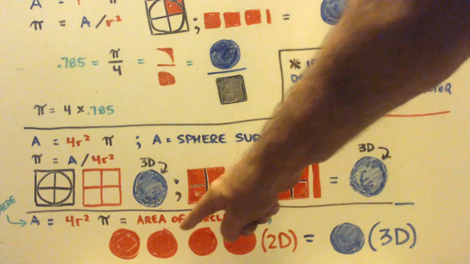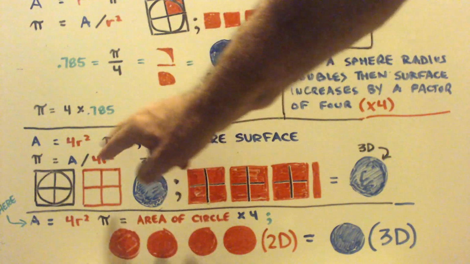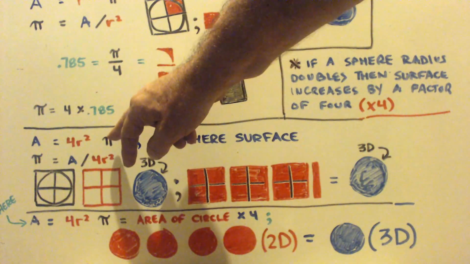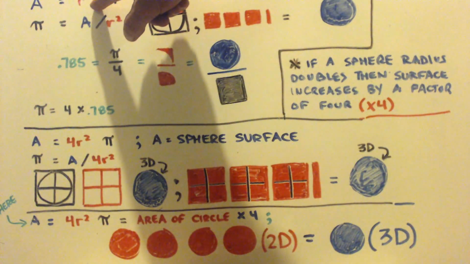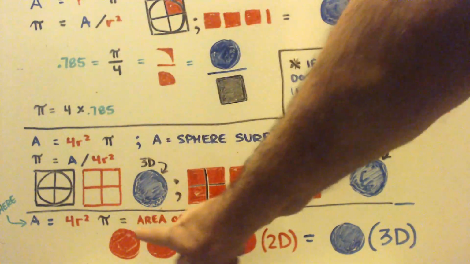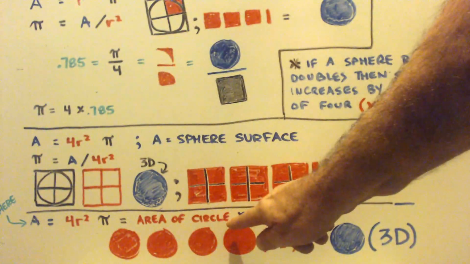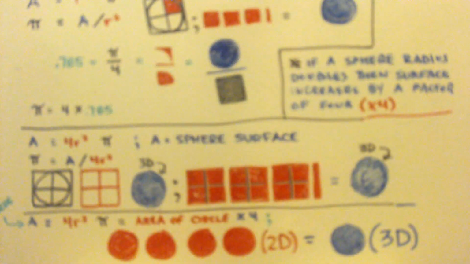So that's what this is saying down here. You replace the r squared pi by the area of a circle, and that's what we did. We took out the r squared pi and put in the area of a circle times 4, because there's a 4 there.